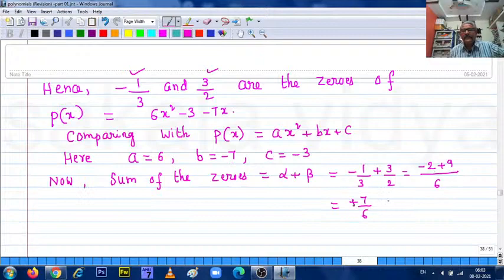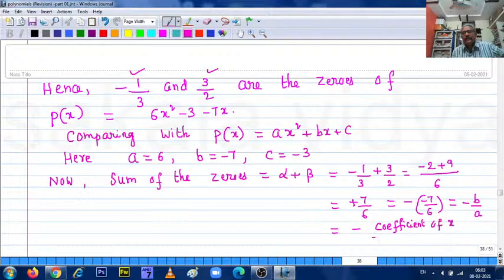This is plus 7 by 6, we can write minus of minus 7 by 6. Minus 7 is nothing but b, this is a. So we have minus b by a. This is the relation of the sum of the zeros: minus b by a, or minus coefficient of x by coefficient of x square. One of the relations has been established.